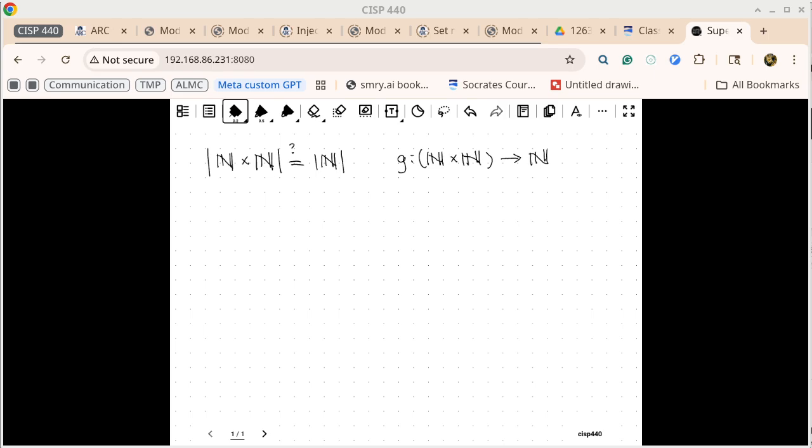We'll take a look at the g function in an intuitive way at first, and then we'll go ahead and formalize and look for the closed form of this particular g function.